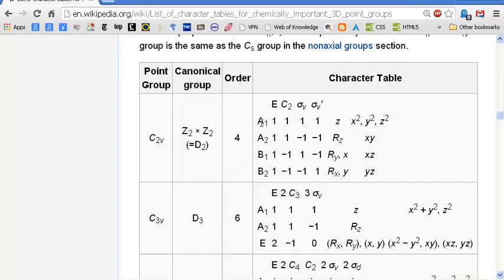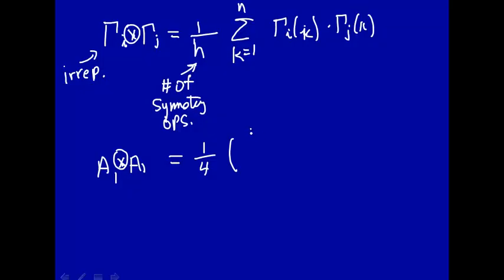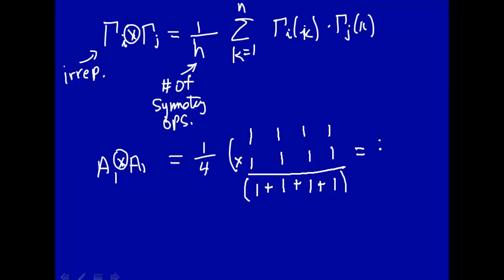So what we do is take this 1 times 1, 1 times 1. So let me just rewrite it this way. A1 is 1, 1, 1, 1. And we're going to multiply that by 1, 1, 1, 1. And then we're going to add these things up. So let's actually do that. 1 times 1 is 1, plus 1 times 1 is 1, plus 1 times 1 is 1, plus 1 times 1 is 1. So this comes out to be 4. So that is equal to 1.